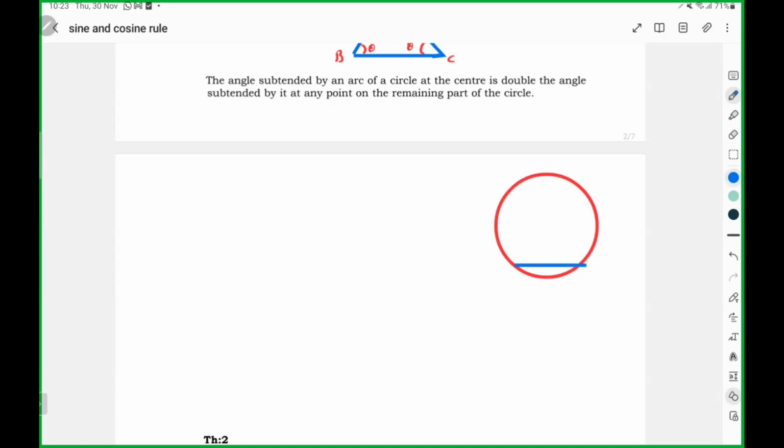The angle subtended by an arc of a circle at the center, center is this, is double the angle subtended by it at any point on the circumference. Let us take one point on the circumference.